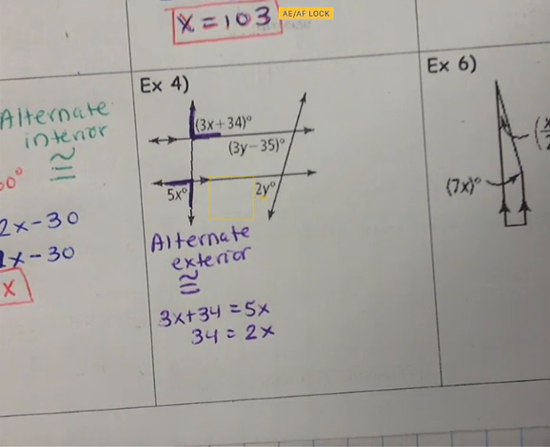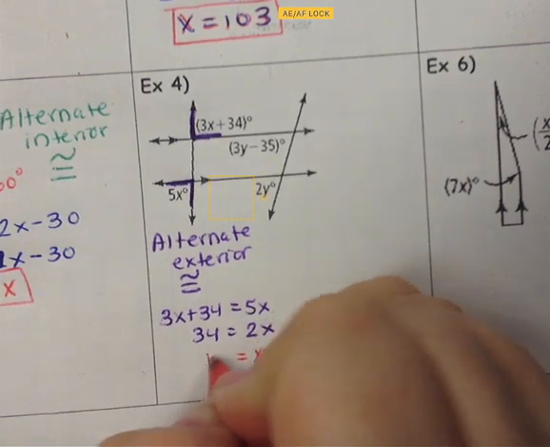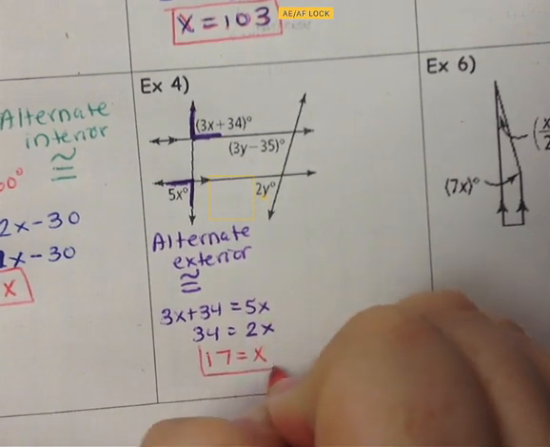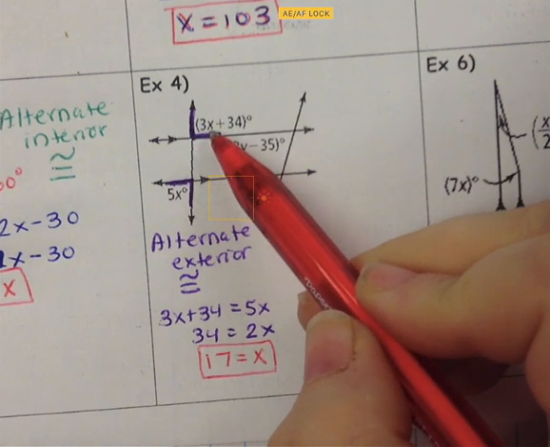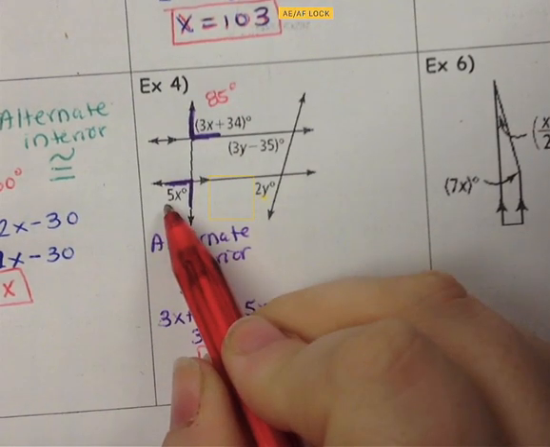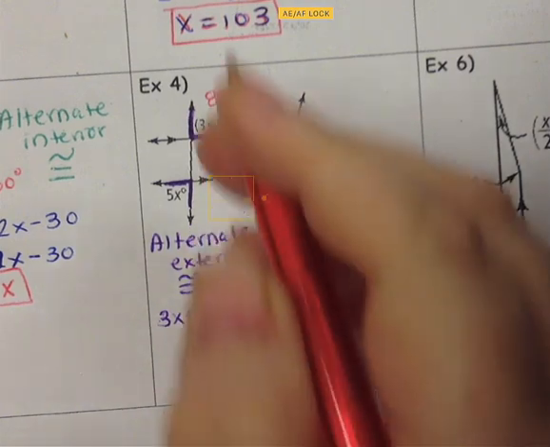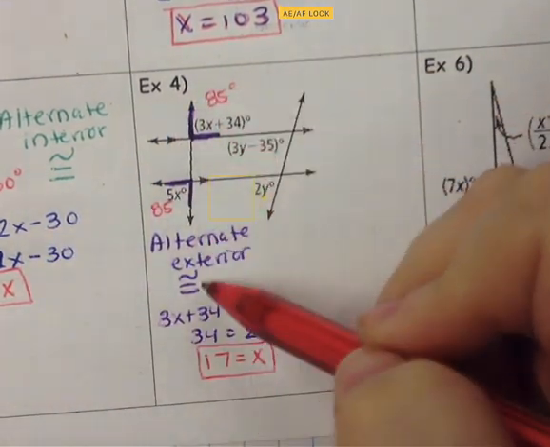And then we're going to divide by that 2, so we get x equals 17. Now we're going to plug them back in. 3 times 17 plus 34 is equal to 85 degrees. And 5 times 17 is also 85 degrees. So that means that we did this correctly. They were congruent.